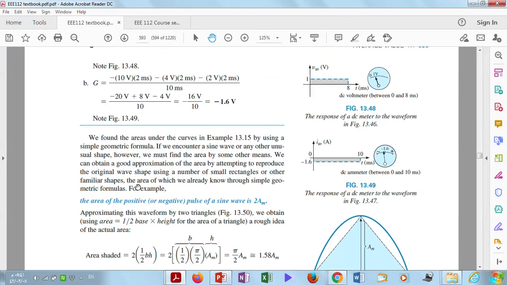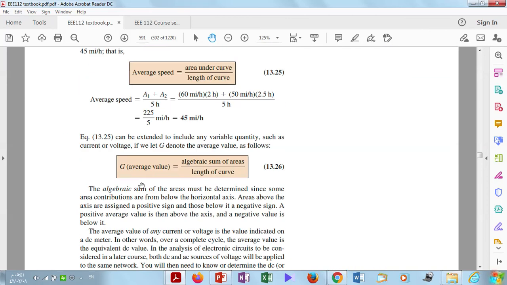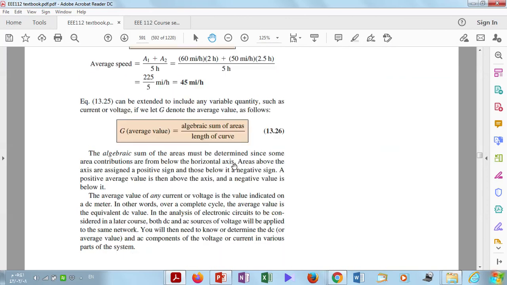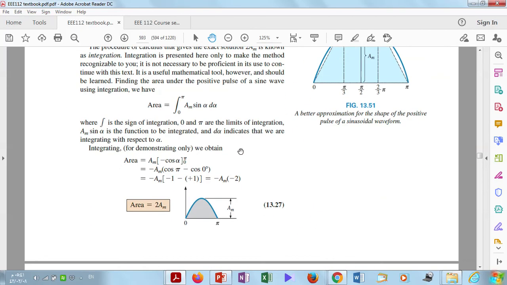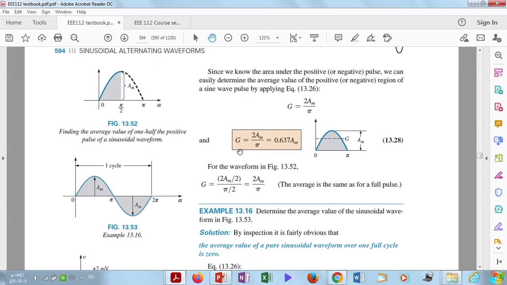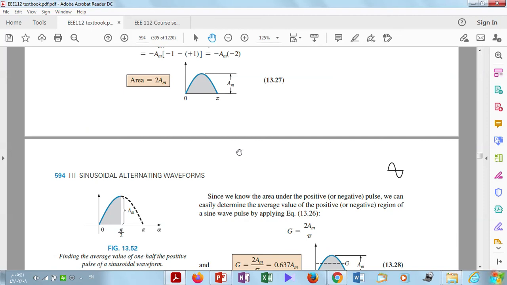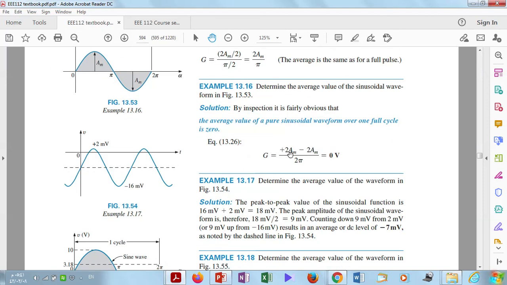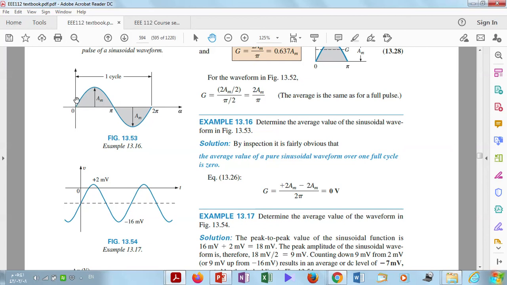If we apply the formula, the algebraic sum of areas, the first area 2 Am, the second area minus 2 Am, divided by 2 pi, the total period. The numerator is 0, this means the average is 0, which is normal for a sinusoidal waveform.